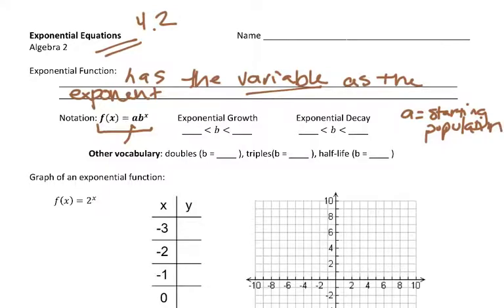And then after that we have our value of b, and if b is between 1 and infinity, so very large numbers, that is going to be your growth. But if it is between 0 and 1, that's going to be your decay. You'll notice that none of these are negative, so b cannot be negative.